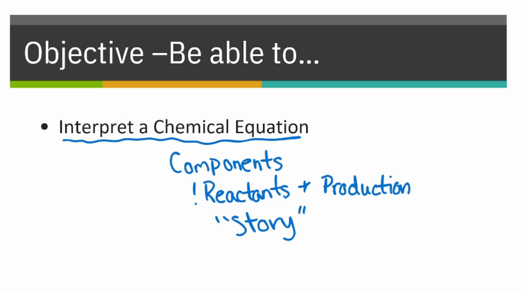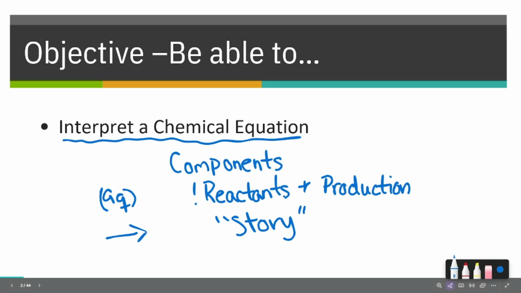We're going to focus on the components, mainly identifying what is a reactant, what is a product, and what are each of these random symbols that we're going to start to learn, like AQ in parentheses. What does this arrow signify? That is our primary goal for today.